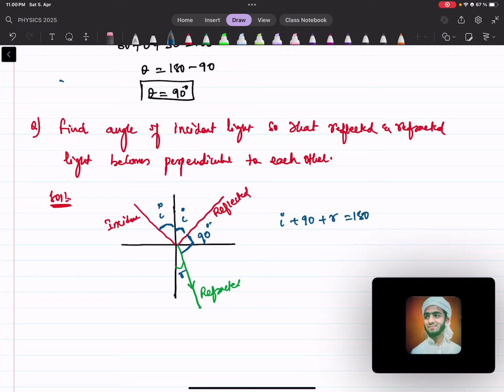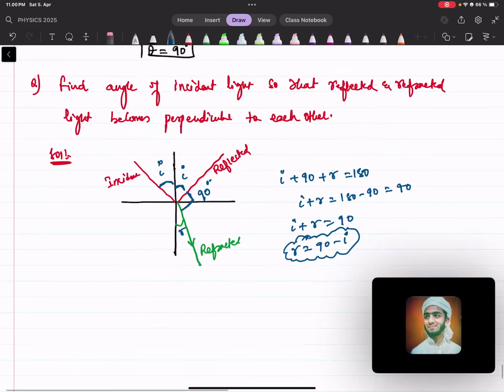So I plus R is equal to 180 minus 90, that is equal to 90. So R will be equal to 90 minus I. So the angle of refraction is 90 minus I. Now apply Snell's law.